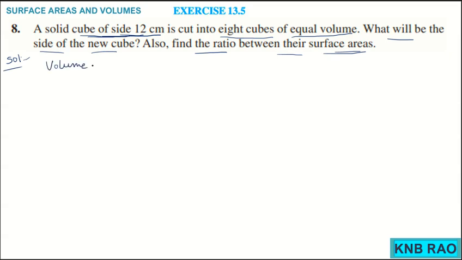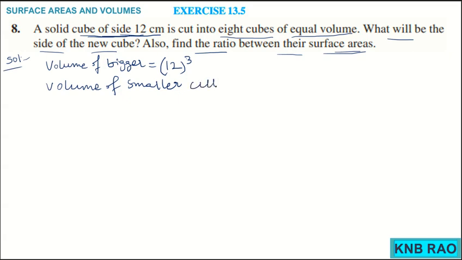So, volume of the bigger one, let us say it is of edge 12, thus we have 12 cube being the volume, and volume of the smaller cube, assuming that a is the side or the edge of it.